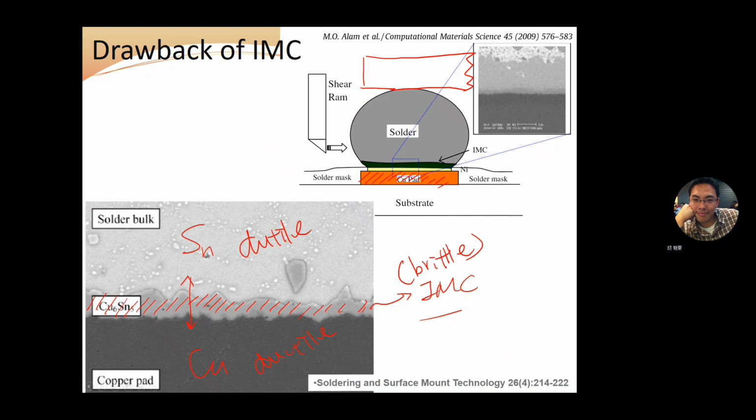So if the cell phone or laptop withstands a certain impact force, impact loading, or any stress, what's going to happen? You will be broken here, right? It will be broken from the intermetallic compound phase interface. Therefore, from the electronic packaging point of view, IMC is not a welcome compound.